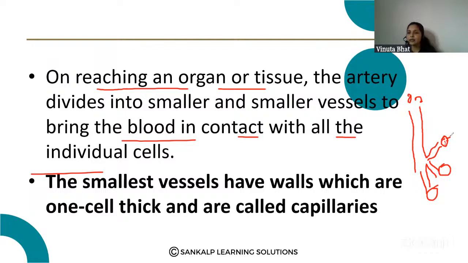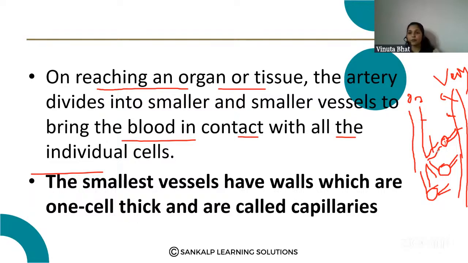This carbon dioxide is again carried by the blood through the small capillaries. Okay, so again this is the capillary, and they will join and form the large vein, that is called a vein.